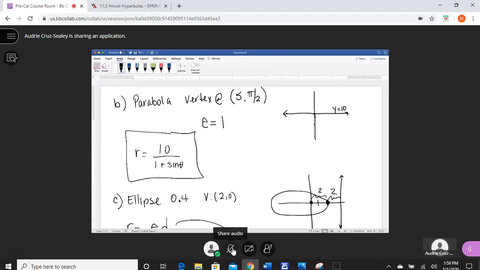When we did the parabola, our vertex was at 5 pi halves. So here's 5 pi halves. This is the pi halves line. Here's the focus. This was 5. So how come, and you went, this is 5, and so you said you were at y equals 10. Y'all remember that? So everybody understands why that's not 2.